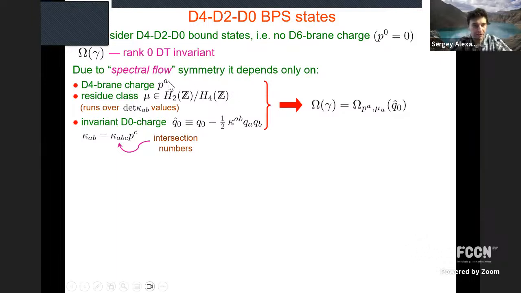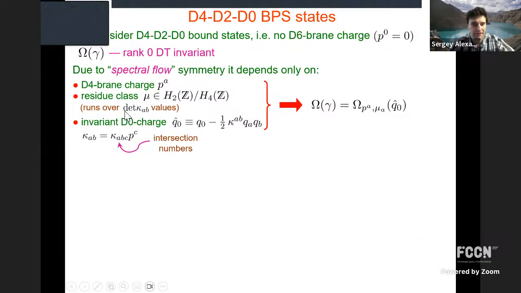So the BPS index will still depend on the full D4 brane charge. Also, there will be dependence on the D0 brane charge, or more precisely on its shifted version, which I denote by q0 hat, and which stays invariant under this spectral flow symmetry. But what is important is that instead of the full dependence on D2 brane charge, there will be dependence just on the so-called residue class. It's important because this class takes only a finite number of values.